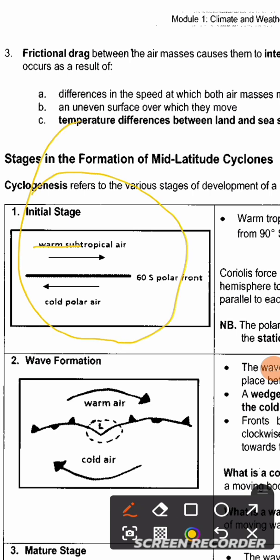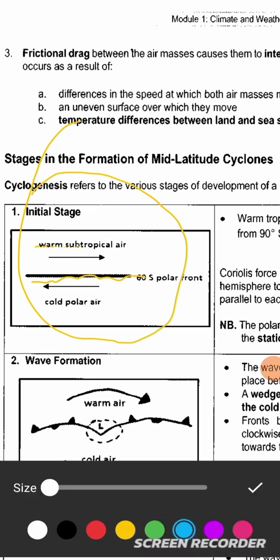We have that polar air and the polar front, which is this one. So basically what they mean is that warm subtropical air meets with the cold polar air and they move parallel.